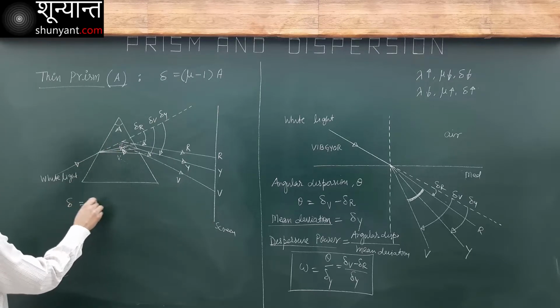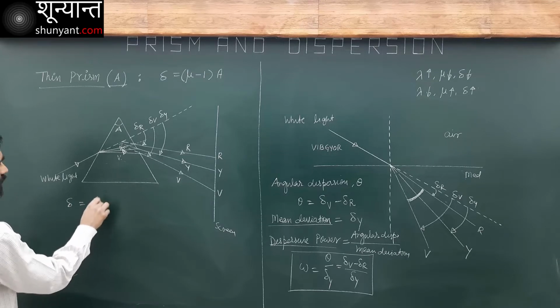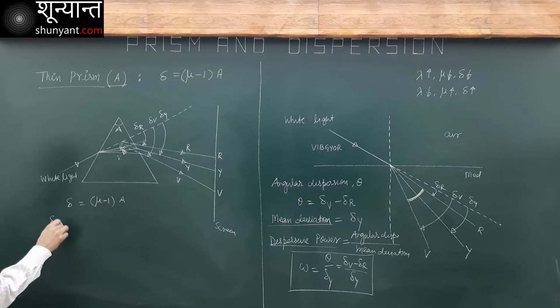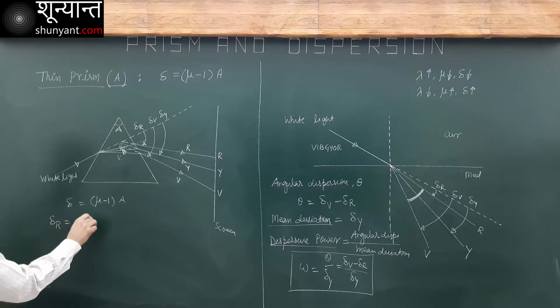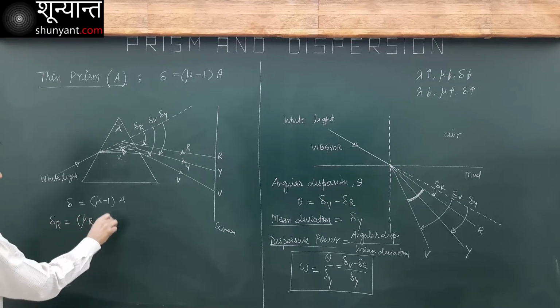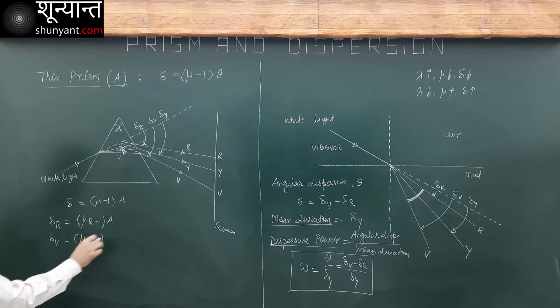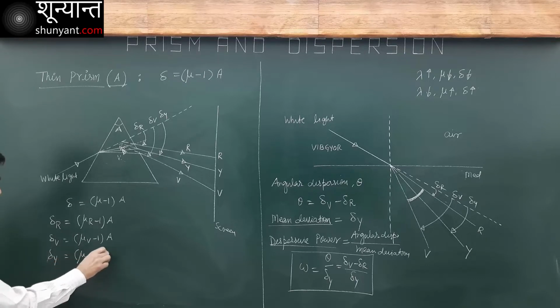Delta is equal to mu minus 1 times A. What is delta R? It is mu R minus 1 times A. Similarly, delta V is mu V minus 1 times A, and delta Y becomes mu Y minus 1 times A.